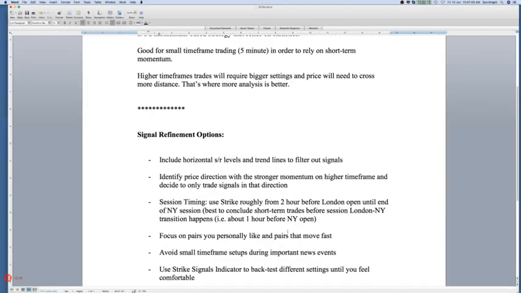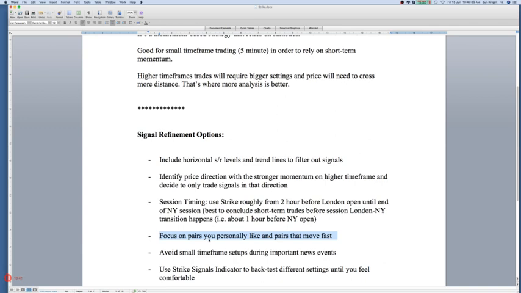Okay. Then, tip number 4 for refinement: focus on pairs you personally like and pairs that move fast. I don't know about you, but I found that there seem to be certain currency pairs or other instruments that just work well for you.